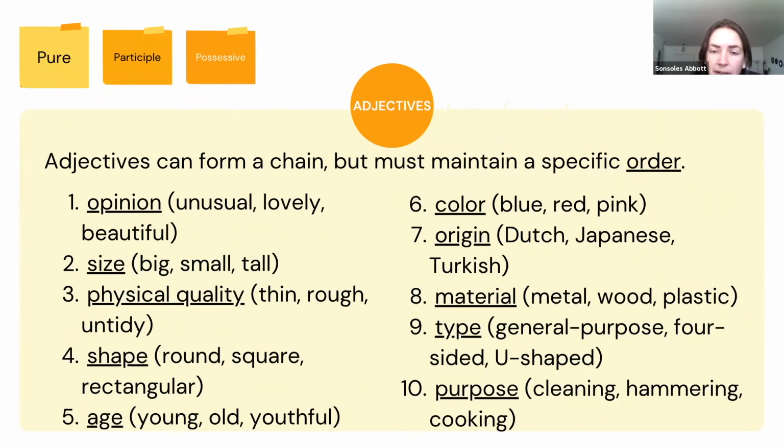Color: blue, red, pink. Origin: Dutch, Japanese, Turkish. Material: metal, wood, plastic. Type: general purpose, U-shape. Purpose: cleaning, hammering, cooking. Good. All right.